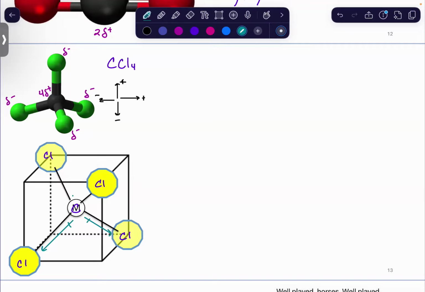Okay, so then these two up here will also have bond dipoles. So if we look at these top two chlorines, we can start to analyze this. So we have our carbon right in the center.